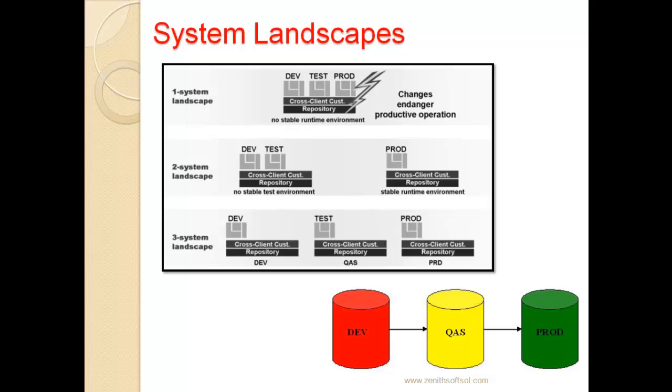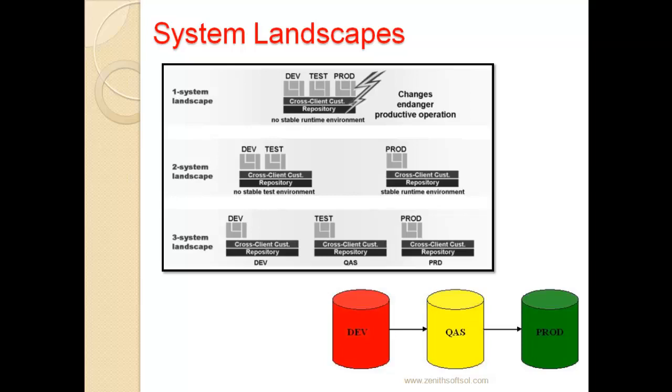Another important point is that in the production box we have only one client. No changes are allowed in the production box. Another important point is that in the development box we can have three clients. Whereas in quality we can have two clients, one for testing and another for training purposes for end users.